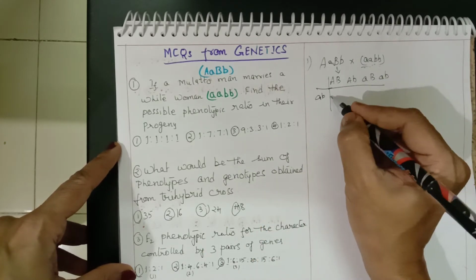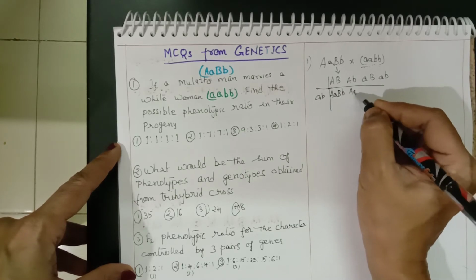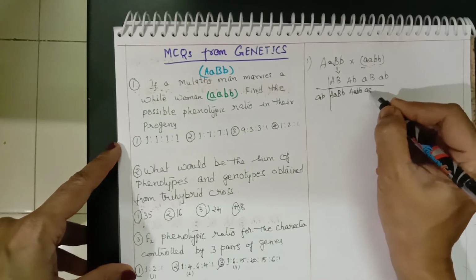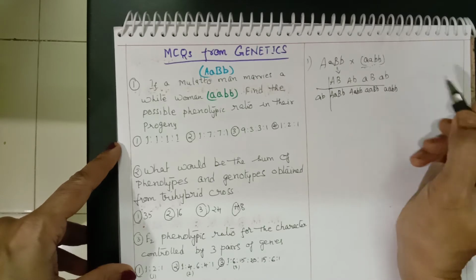So when we cross it, we get these 4 individuals: AaBb, Aabb, aaBb, and the last one completely double recessive.